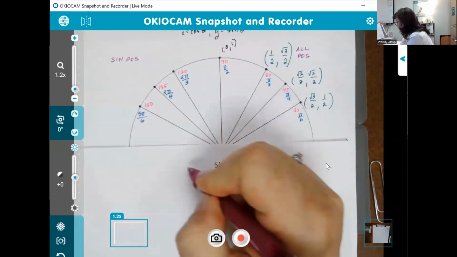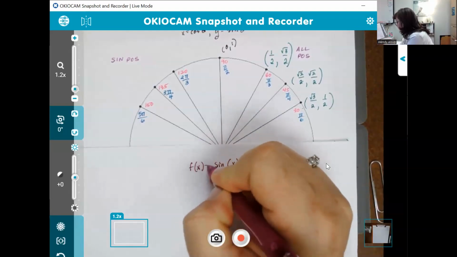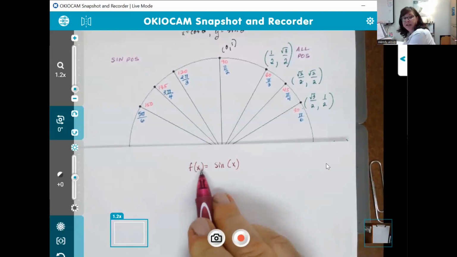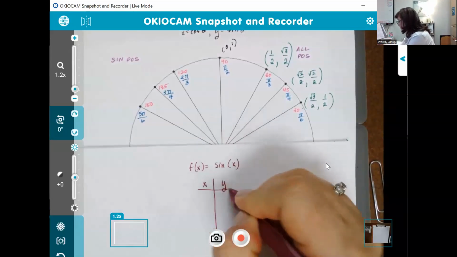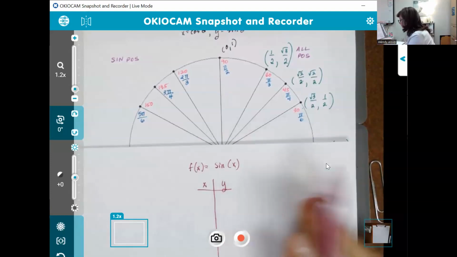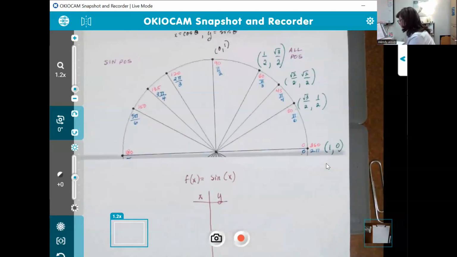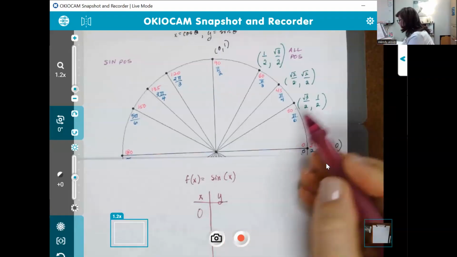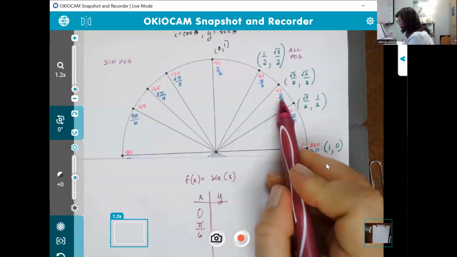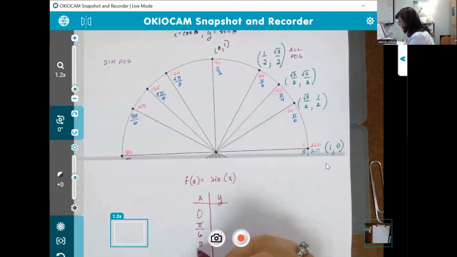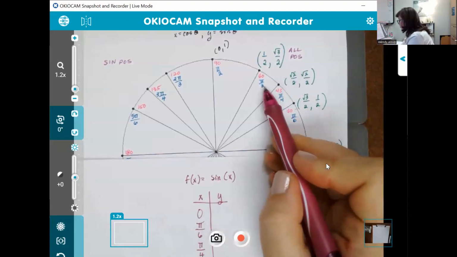Sine of x. So our function is f of x equals the sine of x, where the x value I'm plugging in is the angle measure, and the y value I'm getting out is the sine of that angle measure. So I'm going to put in an angle measure of 0, an angle measure of 30 or pi over 6, an angle measure of 45 or pi over 4, an angle measure pi over 3.